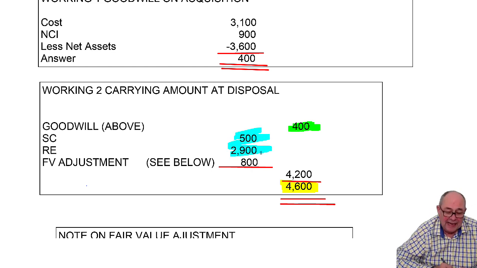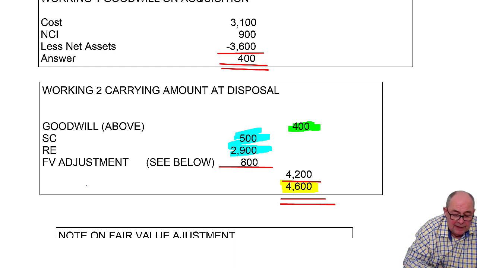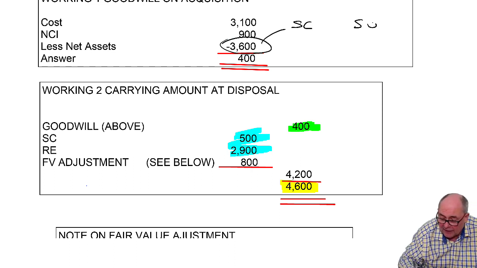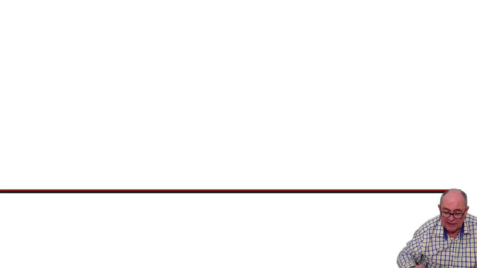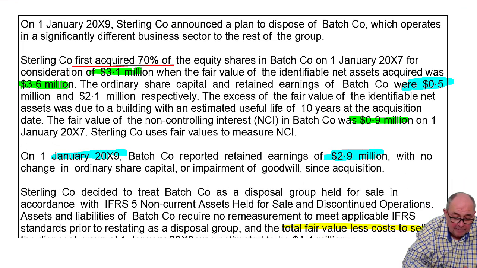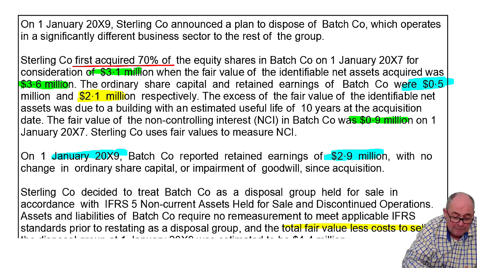There's also a fair value adjustment, because when we originally bought the company, there was a fair value adjustment. When we originally bought it, we had share capital of 500, and retained earnings were 2.1 million. Just highlighting that now in yellow. And the total consideration was 3.1 million.